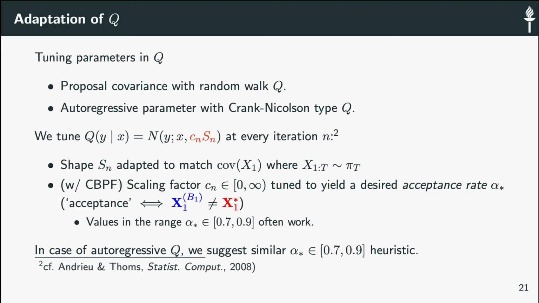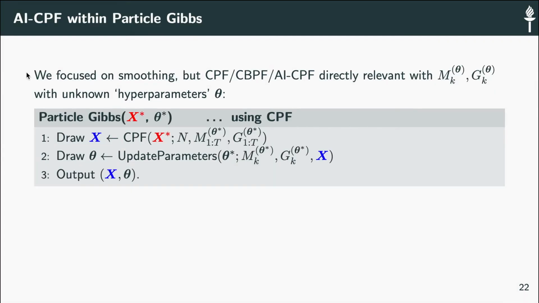And then we also tune the scaling factor so that we get a certain desired acceptance rate in the end. Acceptance means in this case that the initial states are different. And we noticed that about this range of values often seems to result in a reasonably good mixing chain.